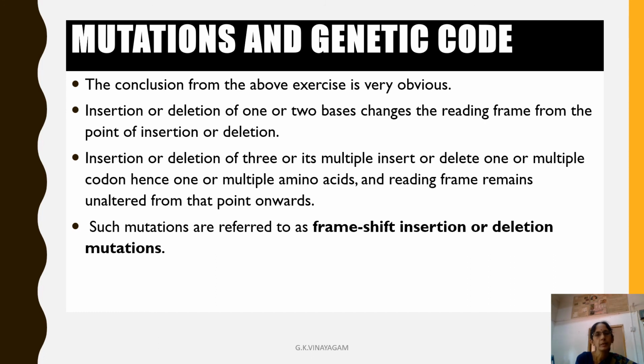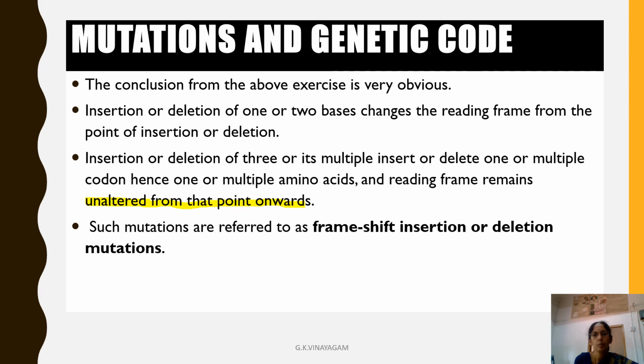So the conclusion from the exercise is that insertion or deletion of one or two bases changes the reading frame from the point of insertion or deletion. But insertion or deletion of three or multiples of three bases will not change the reading frame. The reading frame remains unaltered after the addition or deletion of three bases.